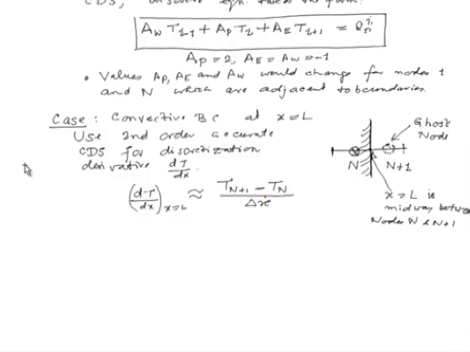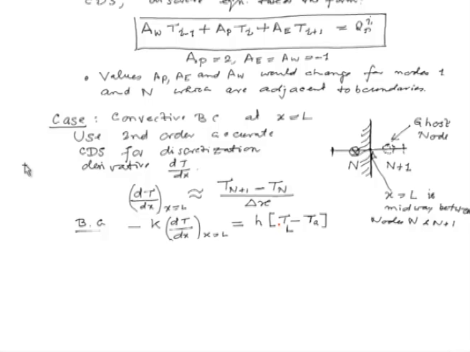Now, let us have a look at our boundary condition. The BC was minus k dT by dx at x is equal to L, equal to h times T minus Ta. On the right hand side we have got a T term, at x is equal to L. So, we need to approximate this TL as well.